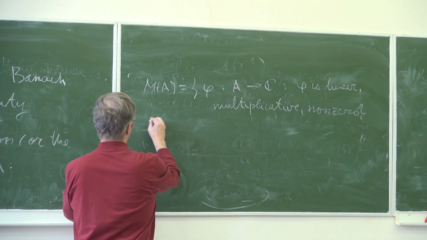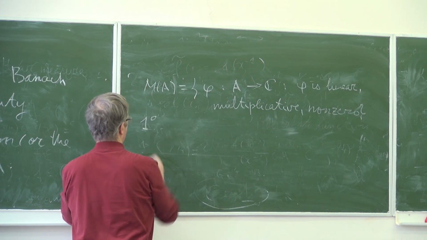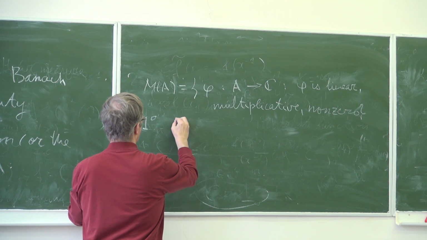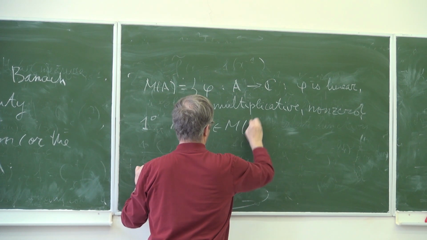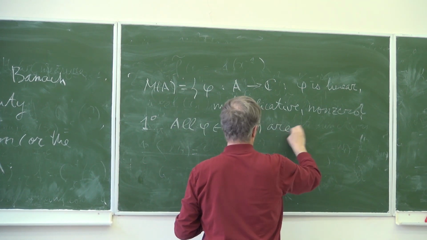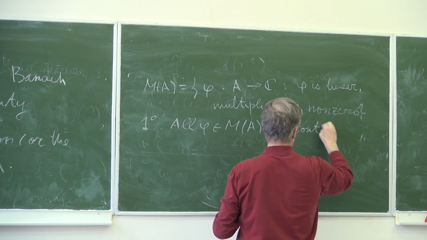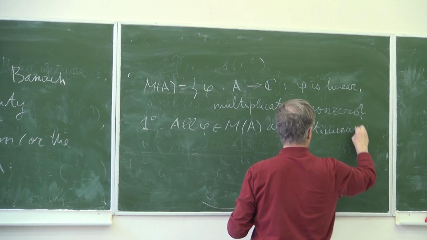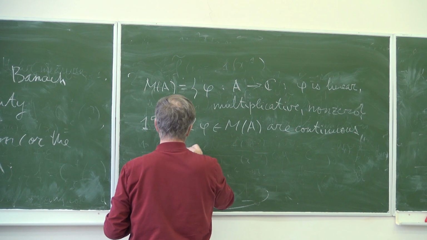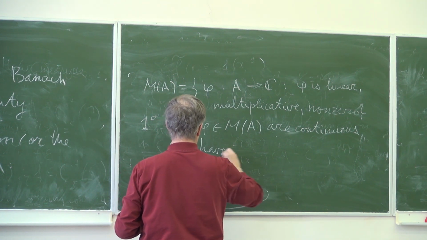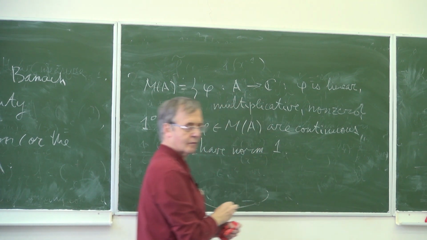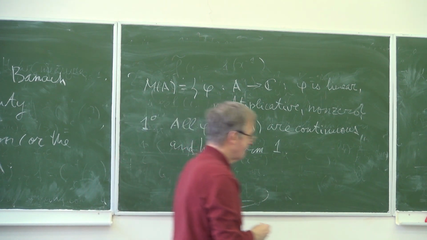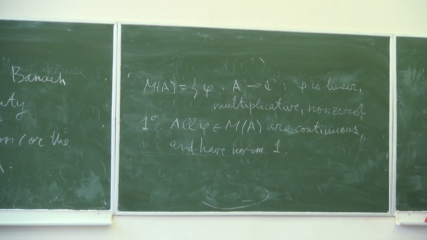Then there are some facts that I assume known. First, all phi in M of A are continuous and have norm 1. You are not surprised, yes? Nobody is surprised?